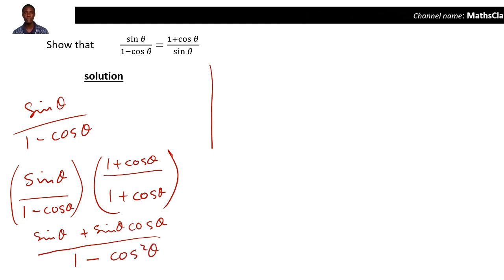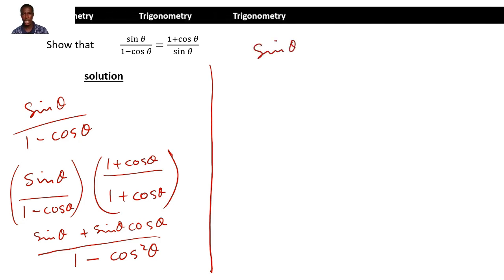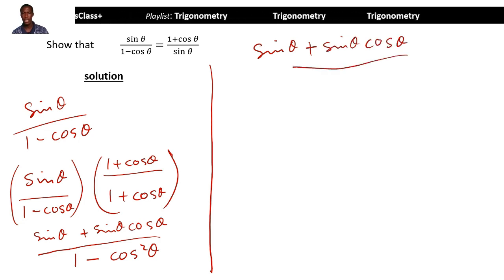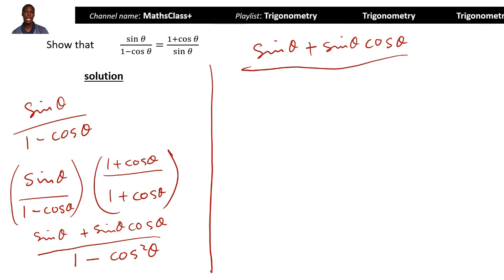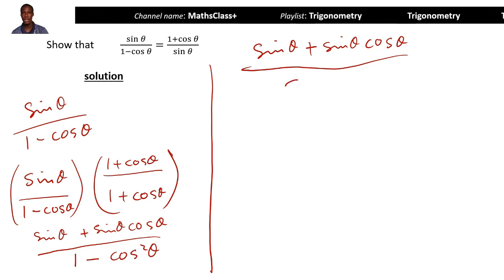Okay. So I continue by converting 1 minus cos squared theta to sine squared theta. So I have sine theta plus sine theta cos theta, and then from the Pythagorean identity, the denominator can become sine squared theta.